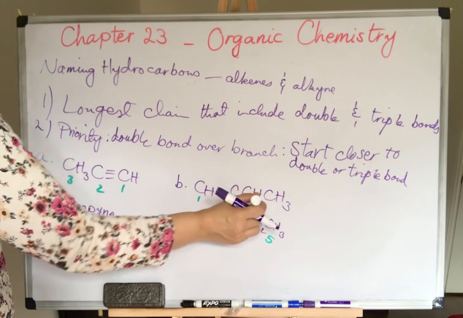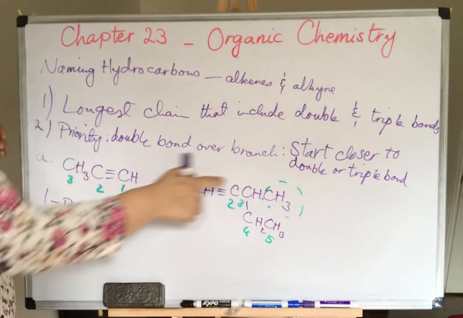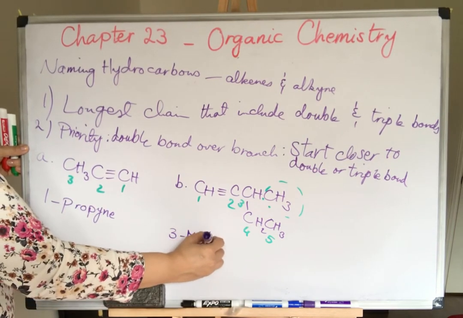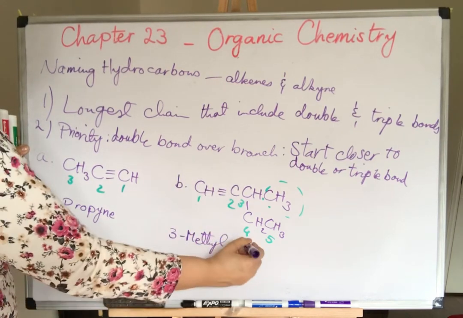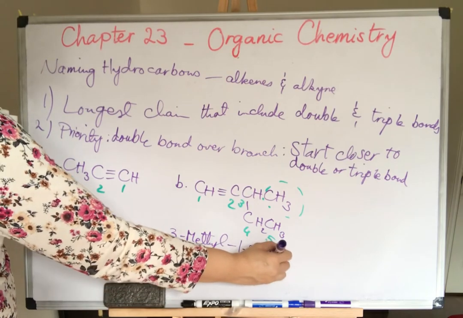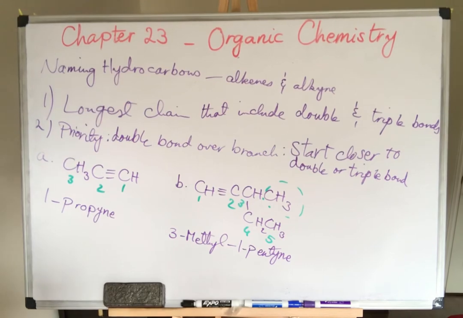What is the branch? It would be this one, right? A methyl group. So there is a branch on the third carbon. It's called 3-methyl. And where is the location of the triple bond? On the first one. 1 and 5. Instead of pentane, you have pentyne because it's an alkyne. Okay?